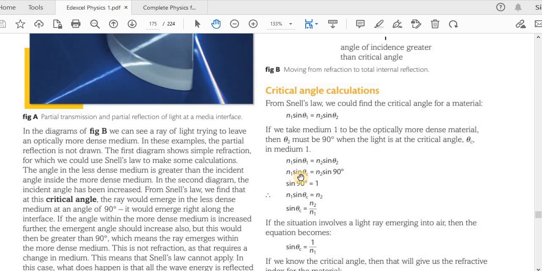Sin 90 is 1, so we can write 1 there, and 1 times n2 is n2. So we have n1 sin theta c equals n2, then sin theta c equals n2 over n1.